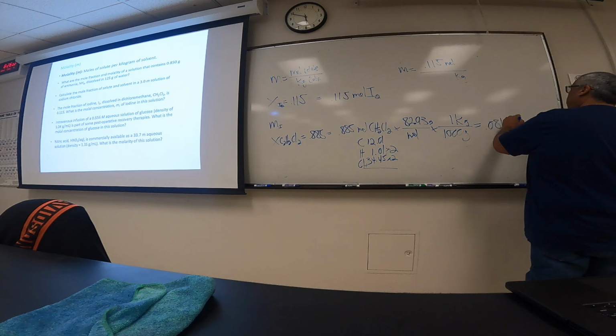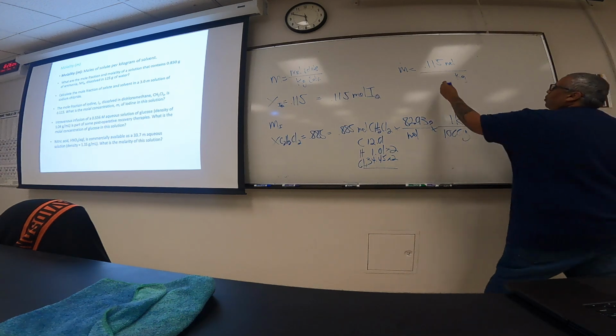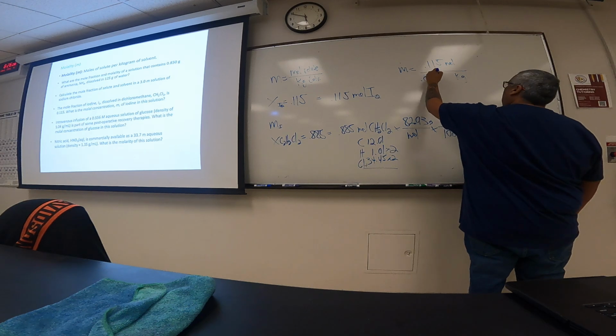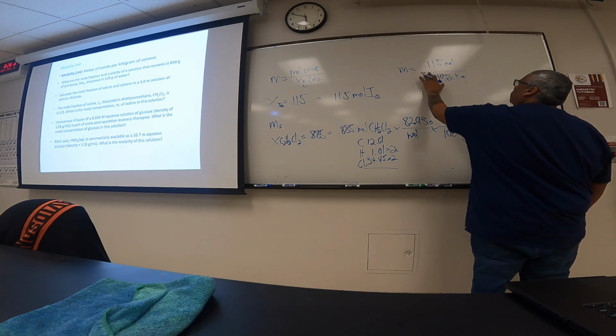0.08192. So then we're going to take 0.115 and divide by 0.08192.